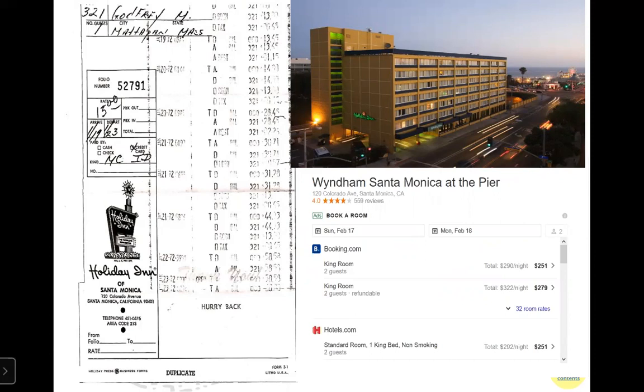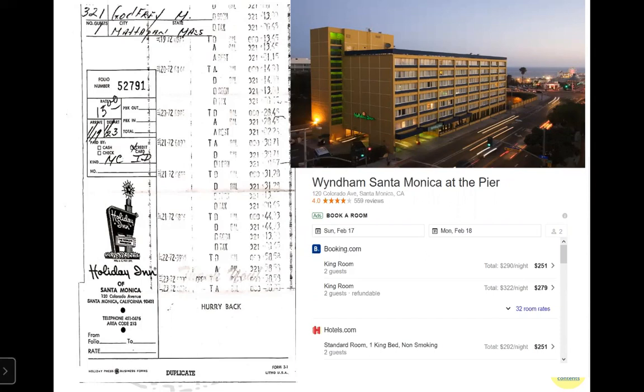The hotel was called Holiday Inn, and I did my research online. This building still exists, they just changed the name. Now the hotel is called One Santa Monica. So it's the same building but a different name.